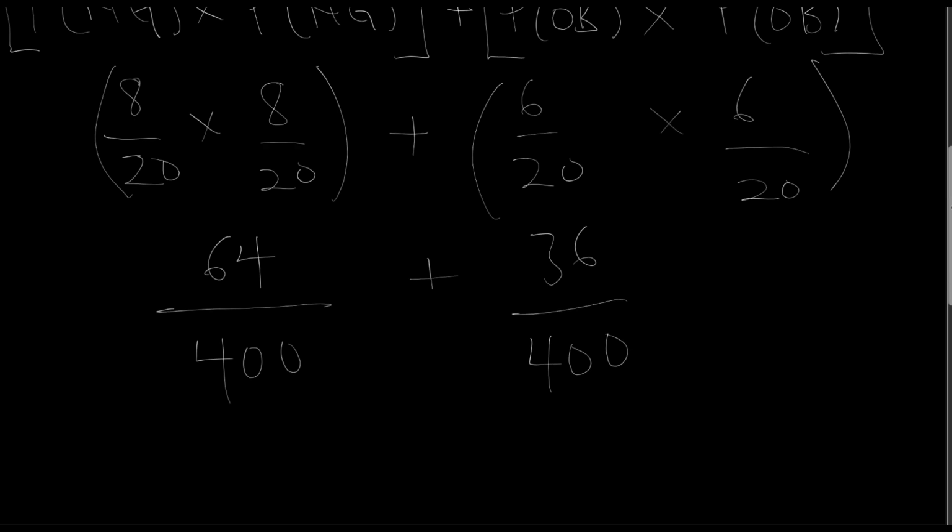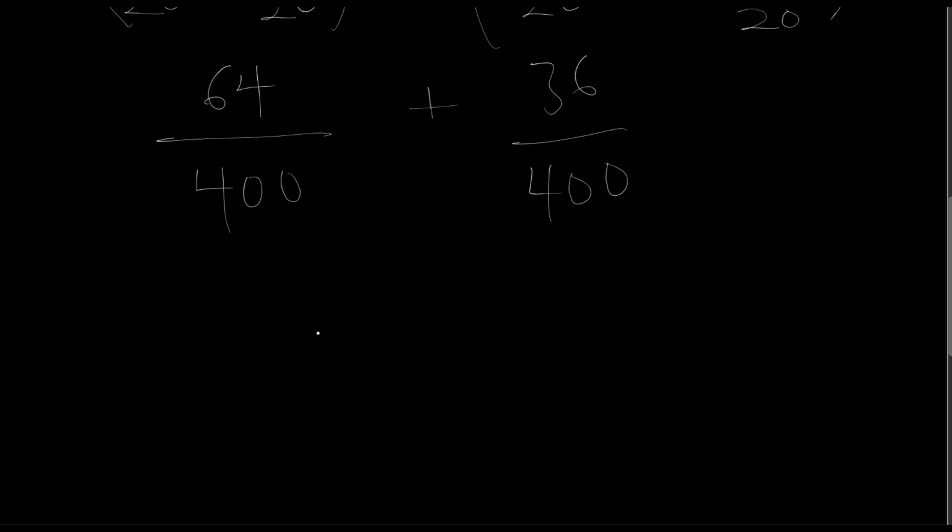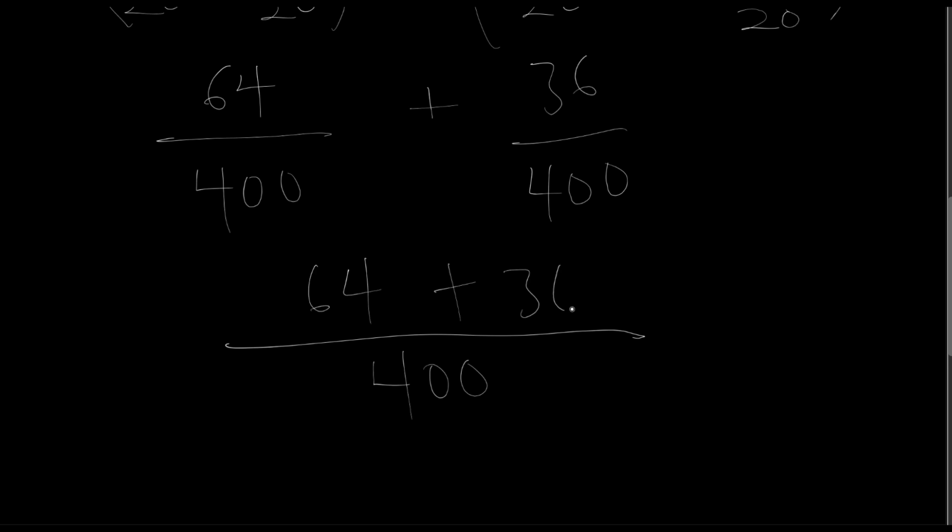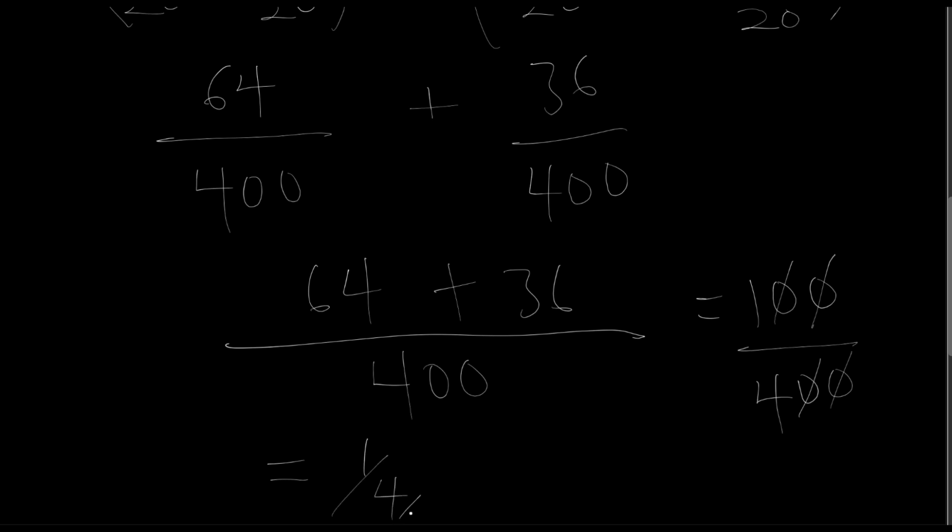All right, so let me use the LCM method. We have 64 plus 36, which gives us 100 over 400. This cancels this, this cancels this. So our final answer should be equal to 1 over 4.